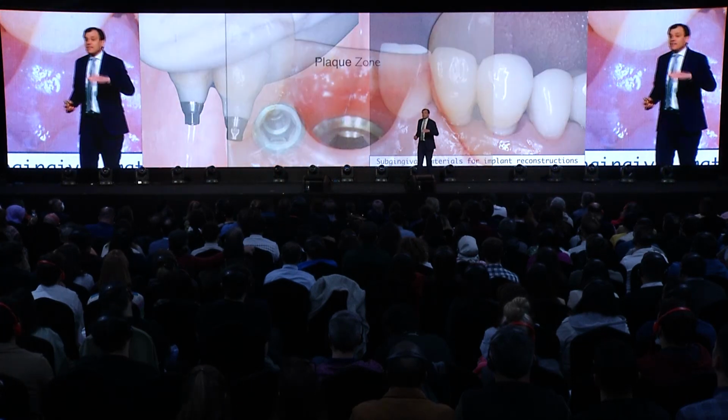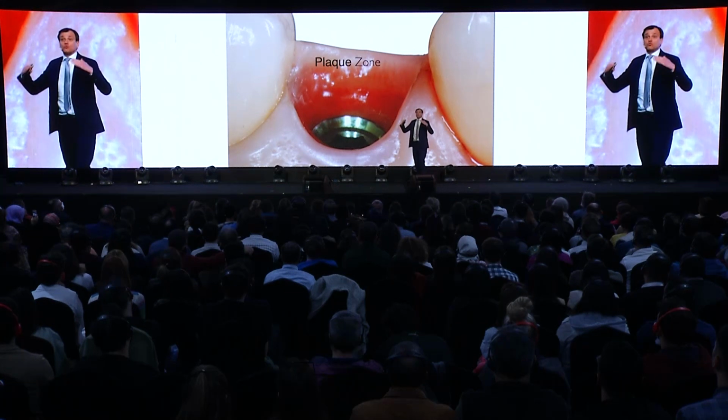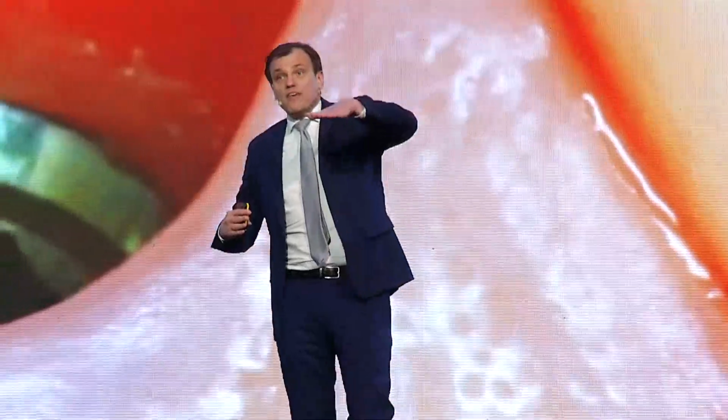I divide the materials on purpose into big groups. Material which goes below the tissues may need one type of features, and the other material, which is for occlusion or for aesthetics, needs completely different qualities.